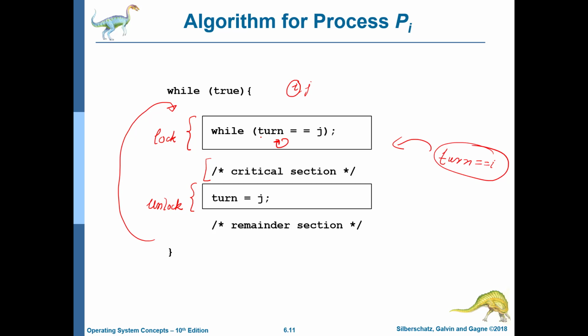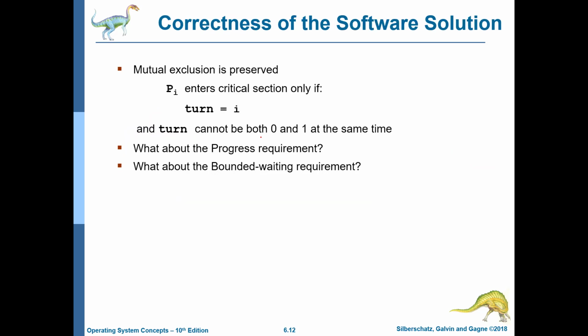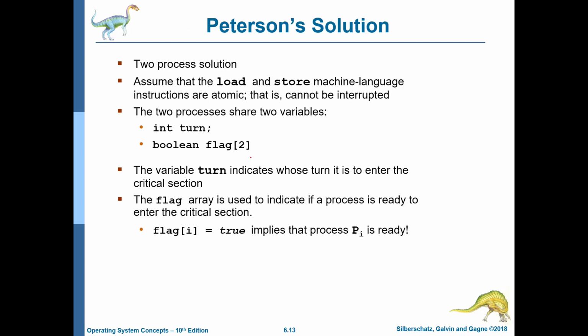So to ensure that this piece of code is correct, what we actually do is add a few more variables, not just the turn variable, to ensure both bounded waiting as well as progress. So we consider a two-process solution. Of course we are making an assumption that loads and stores are atomic.